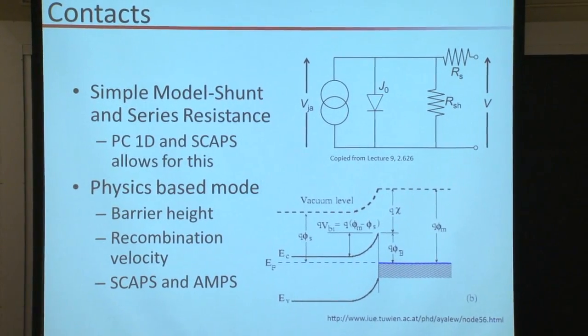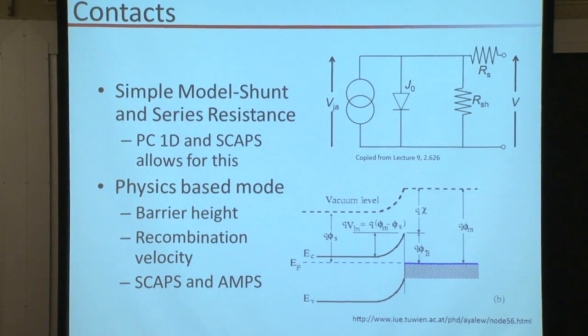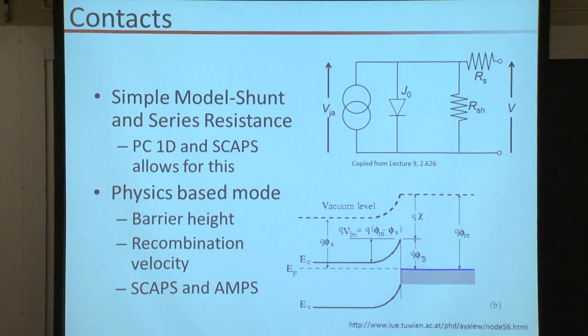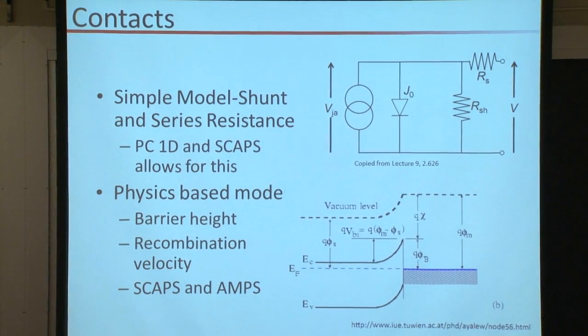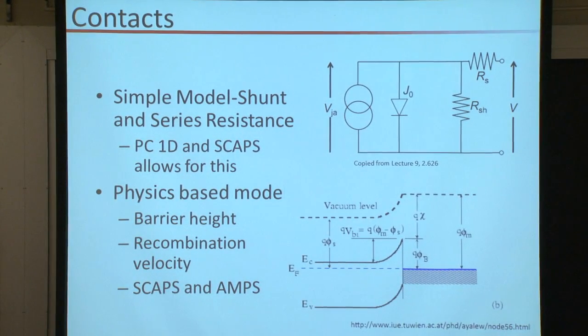The second key component for solar cells is your contacts. For PC1D, you can only feed it shunt resistances and series resistances, which is convenient, but if you don't know them or can't measure them because you don't have the cells, that's a hindering factor.